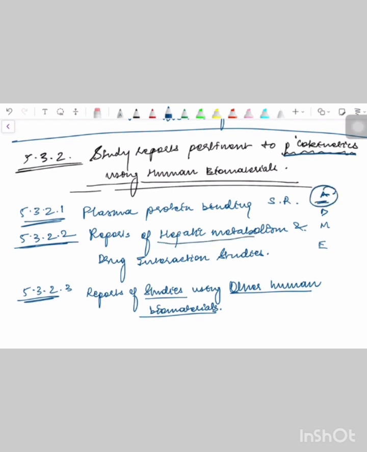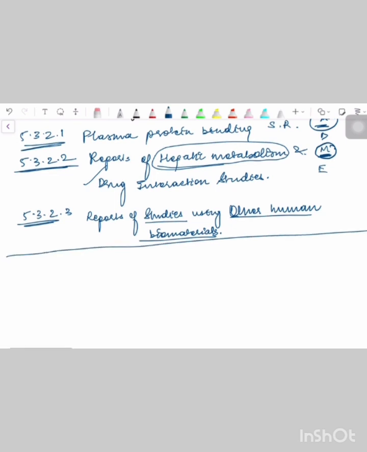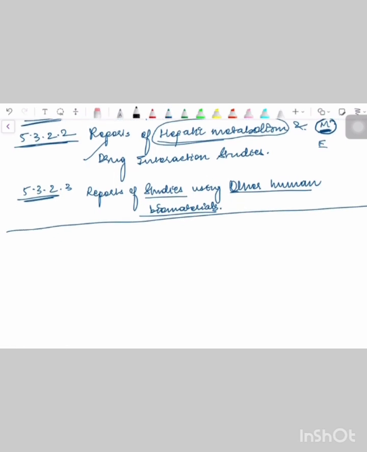Reports of hepatic metabolism, लिवर का मेटाबॉलिज्म का रिलेशन, व्हाट इज liver doing to that drug. So we are talking about metabolism here, drug interaction studies, and lastly, very easy, if there is any other study related to human biomaterials.